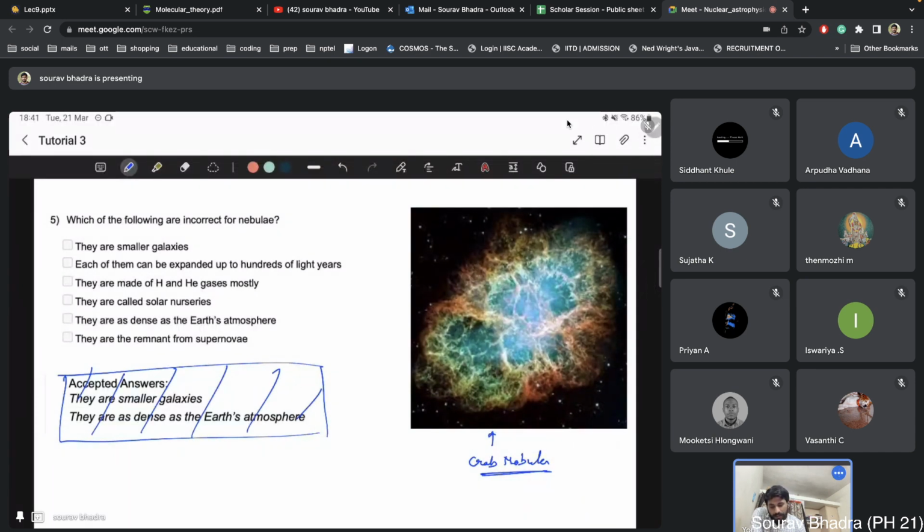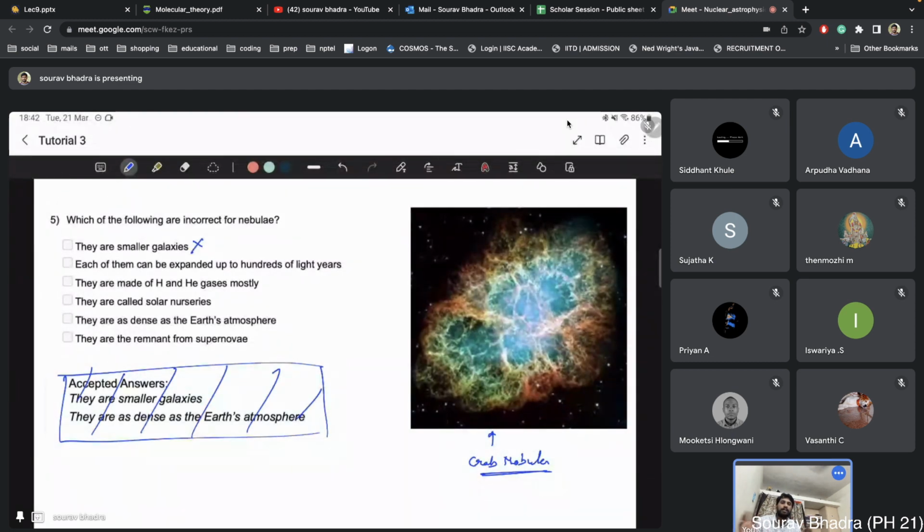So, they are smaller galaxies. You know that a nebula is a diffuse cloud of gas, and by gravitational contraction, stars can be formed at the center of that particular nebula. So there is no relation between nebula and galaxy. A nebula is not a smaller galaxy, it is an entirely different thing.